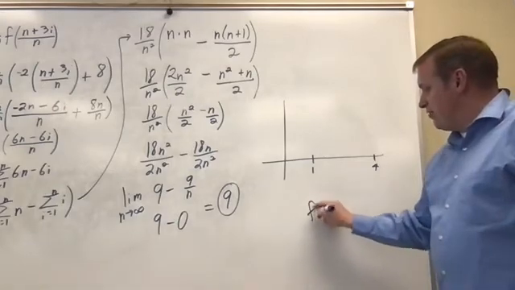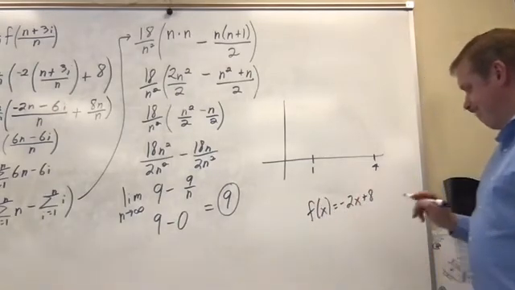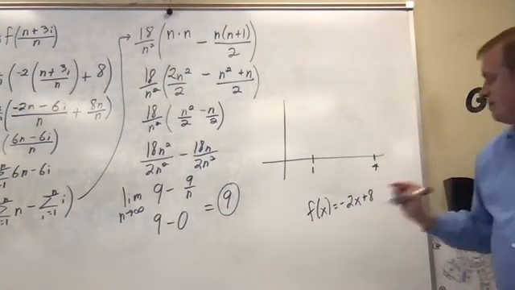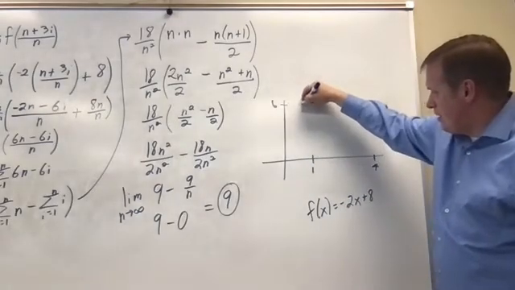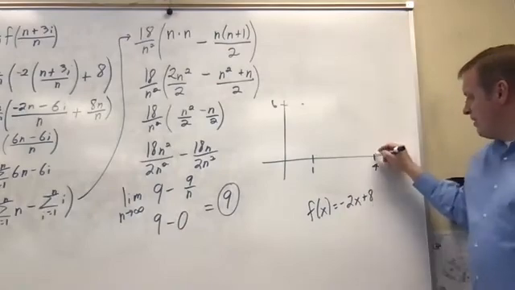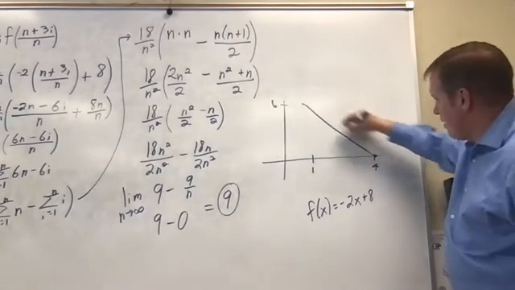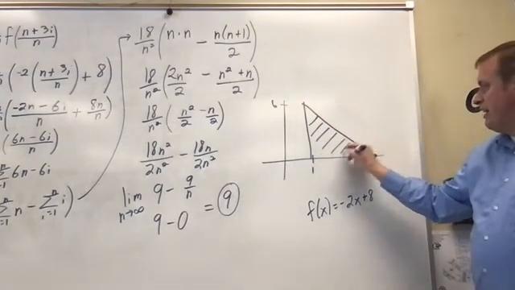Our function was negative 2x plus 8. If we put 1 in here, that's going to put us at 6, isn't it? If we put 4 in here, that's going to put us at 0. And you know what? It's a line. This is the region we're finding the area of.